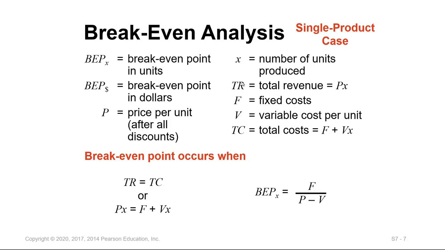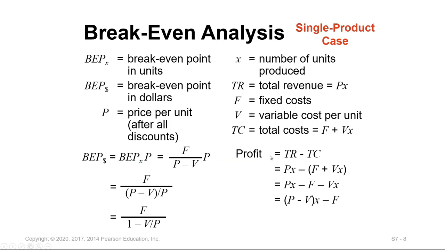The total revenue can be calculated by multiplying the number of units produced by the price per unit, while the total cost can be calculated through adding fixed cost to the variable cost. With a little algebra, the number of units required to be produced will equal the fixed cost divided by the price per unit minus the variable cost per unit.